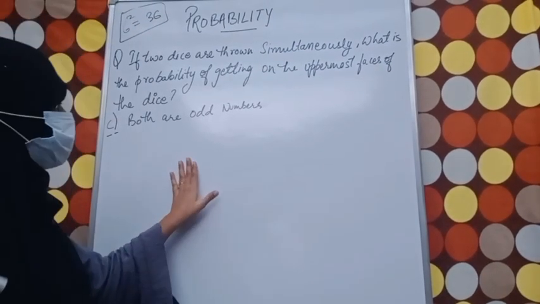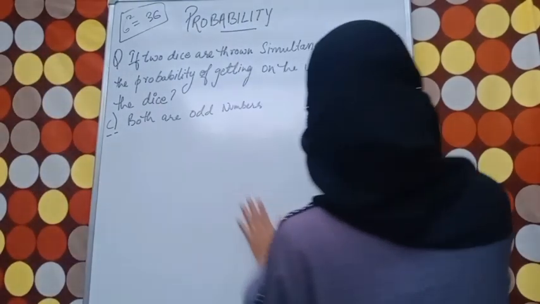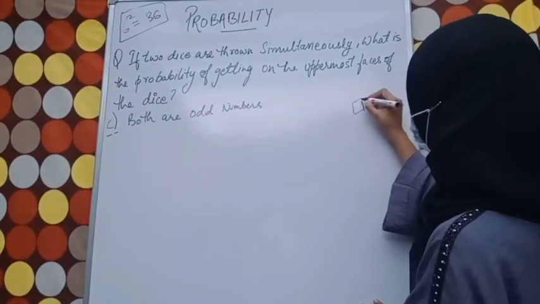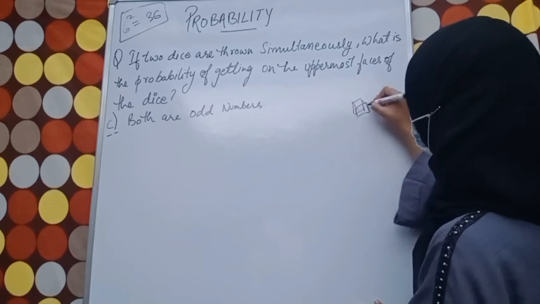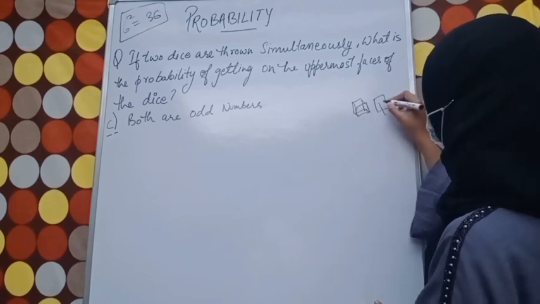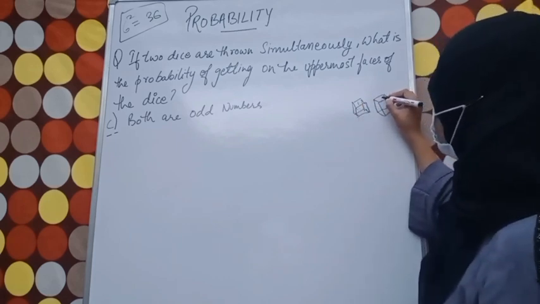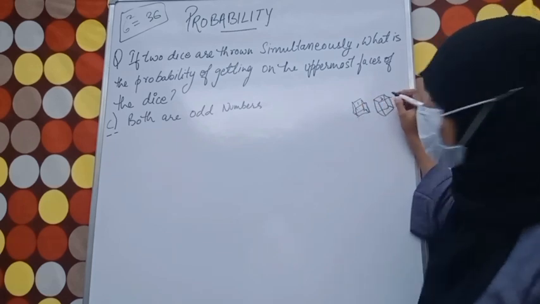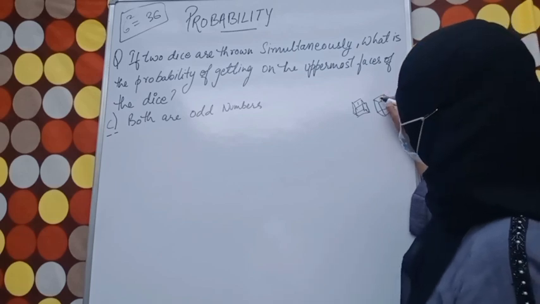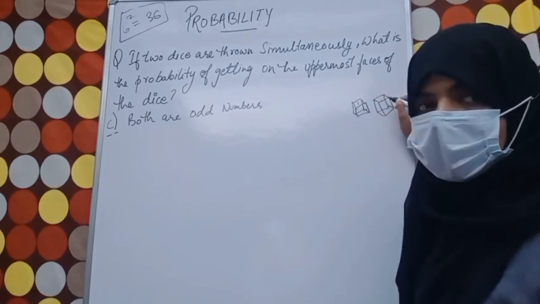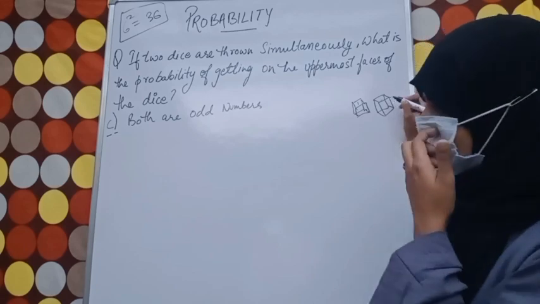See, our next part says both are odd numbers. Suppose these are the dice. Suppose this is 1, this is 3. It can be 1 as well because it's not written that it has to be identical or other than identical. So we can write that also.